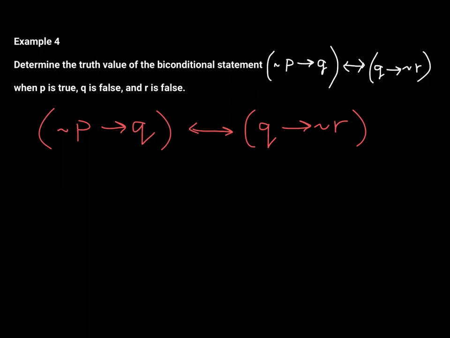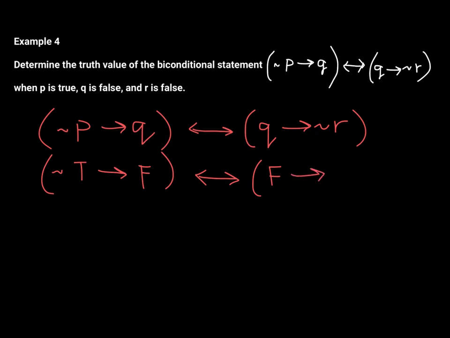R. All right, if P is true, that's given, P is true, then not P would be not true, which of course is false, right? And then Q is false, plugging that in. And then we have the biconditional statement. Q is false.